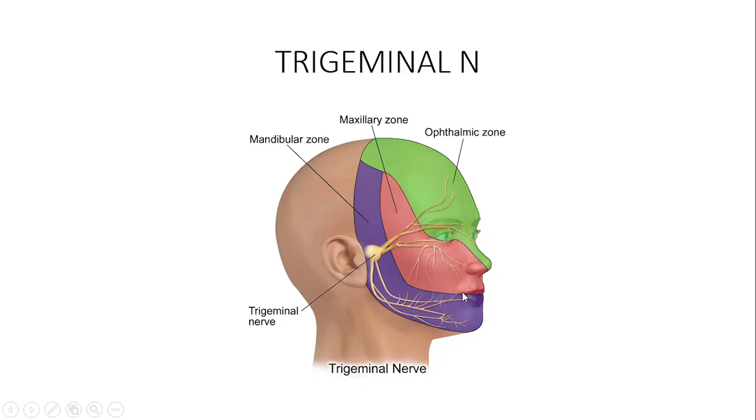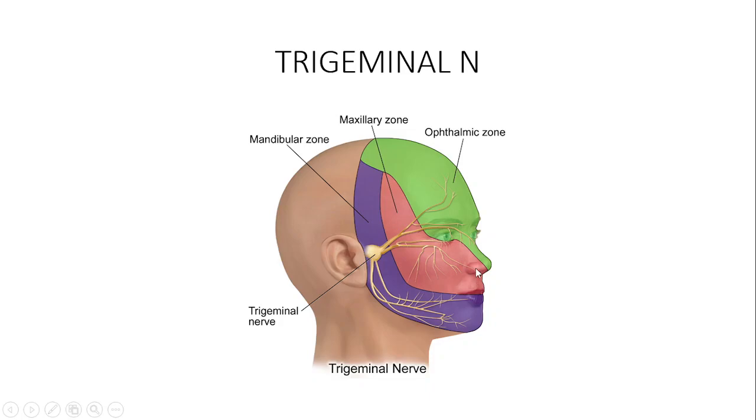It supplies the area which is in wine color. It's also basically sensory in nature. So the maxillary nerve, what does it supply? It supplies the lower eyelid with its conjunctiva, as you can see here. It supplies the side of the nose, including the side of the nose.